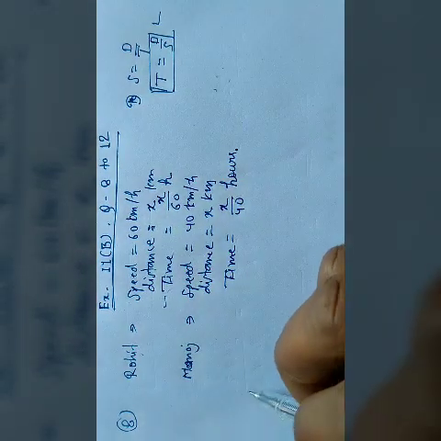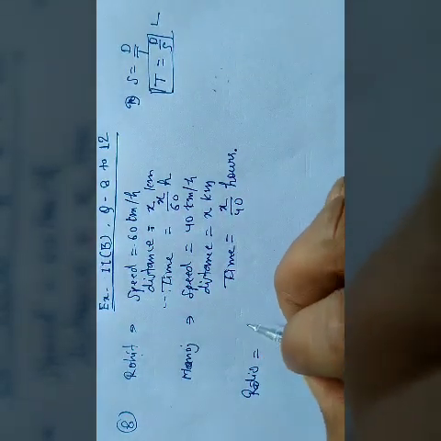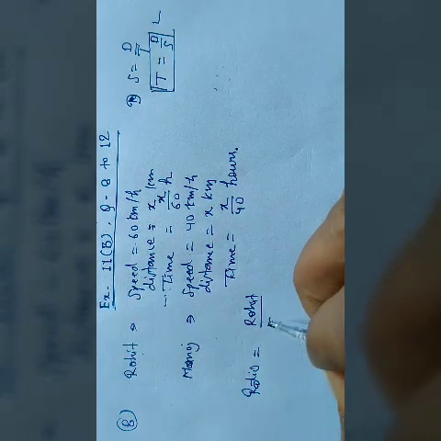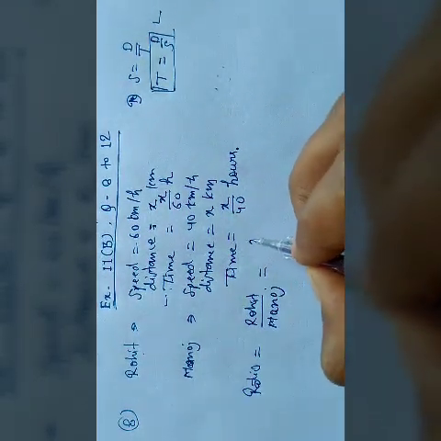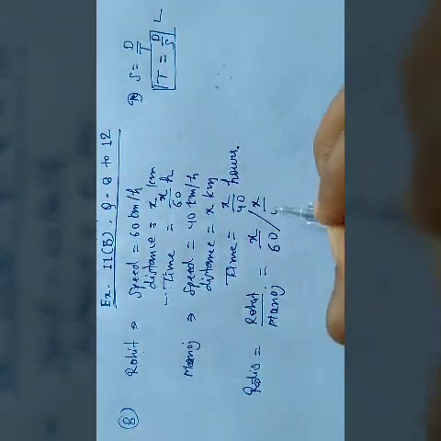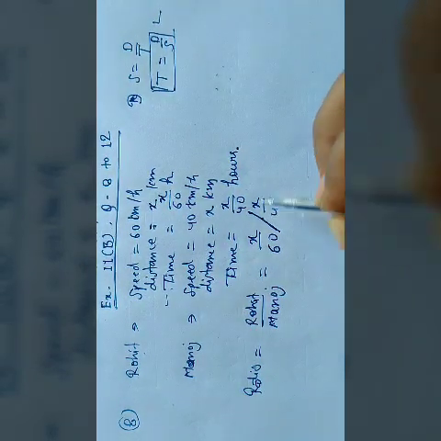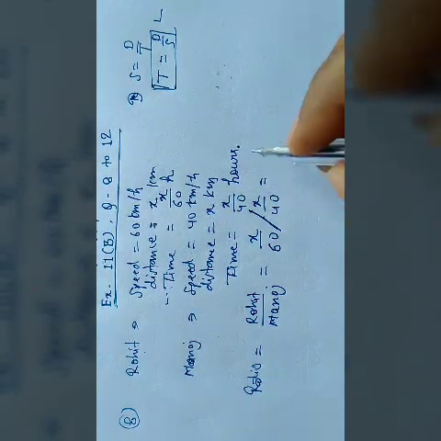Now find out the ratio between them. Then ratio equal to time taken by Rohit upon time taken by Manoj, equal to x upon 60 divided by x upon 40. When we convert this division into multiplication, the denominator will be converted into its reciprocal form.